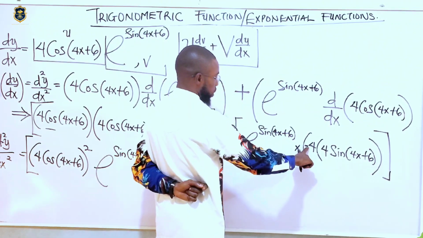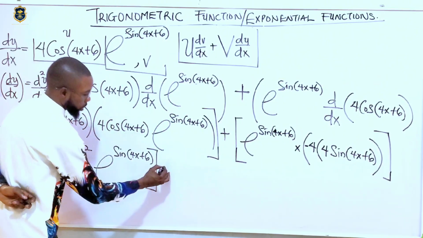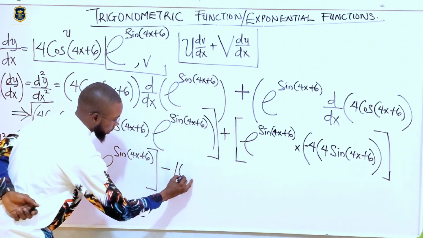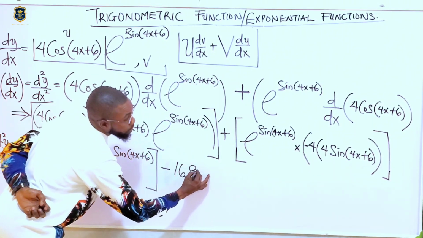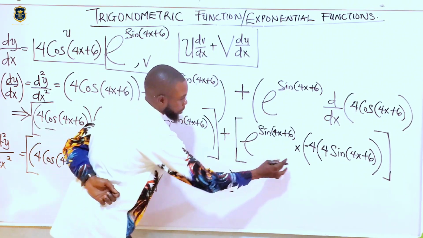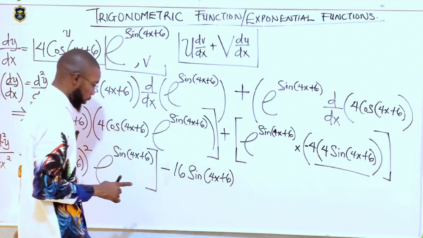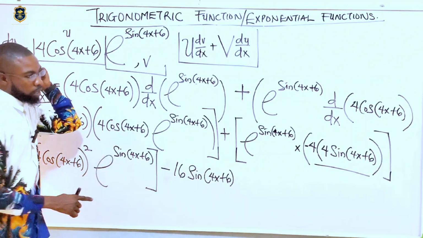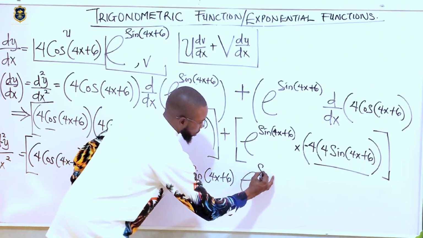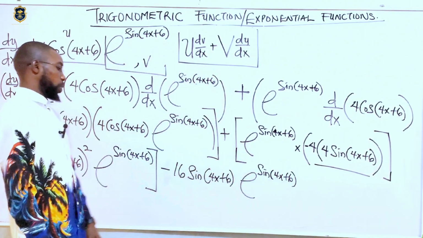This minus will multiply what we have here, so instead of plus, we're going to have minus. 4 times 4 is 16. So we have minus 16 sine 4x plus 6. Remember, this minus times this plus is minus. That's why you're seeing minus here. And then bring this one first, sine 4x plus 6. So we have that as the answer.